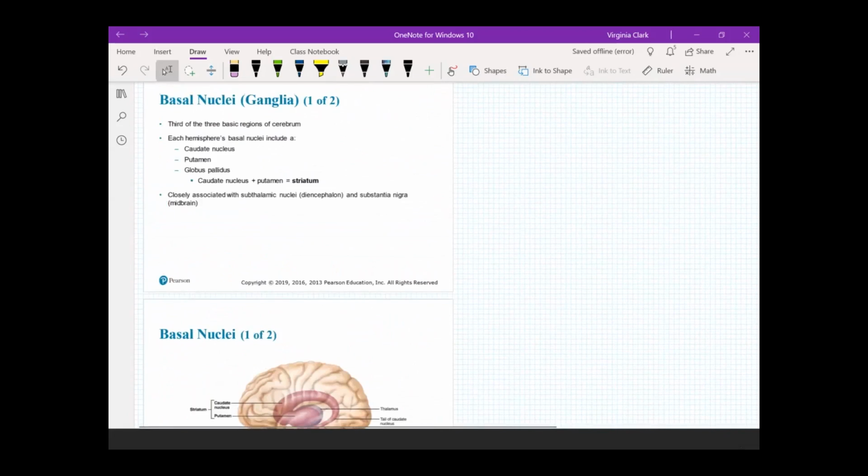Okay, another section that we're going to talk about is going to be your basal nuclei. And this is essentially going to be the 3rd basic region of our cerebrum, or our 2 hemispheres. And the basal nuclei are going to consist of these 3 structures. Basically what you need to know about the basal nuclei, in simple terms, is that this is going to be a collection of cell bodies.